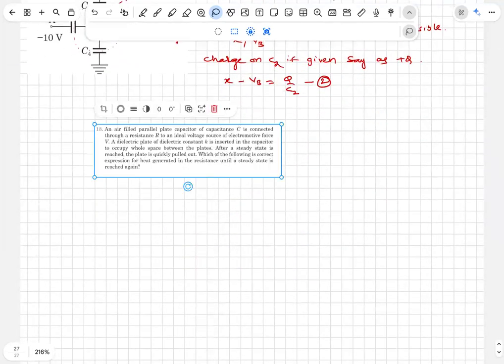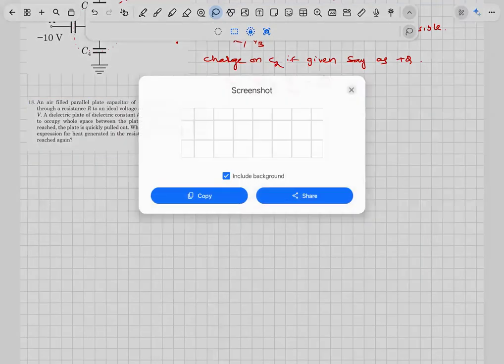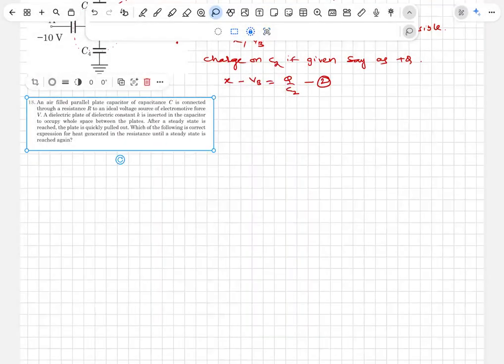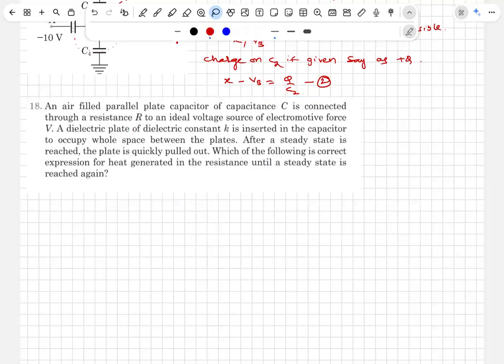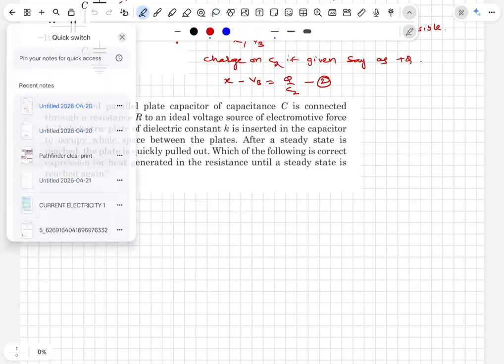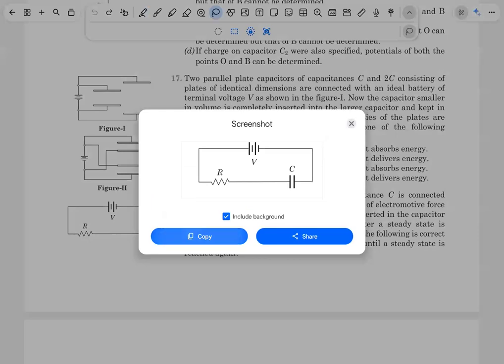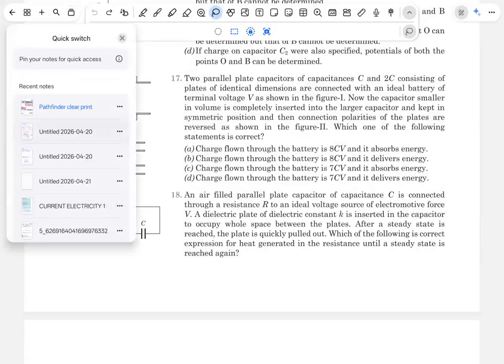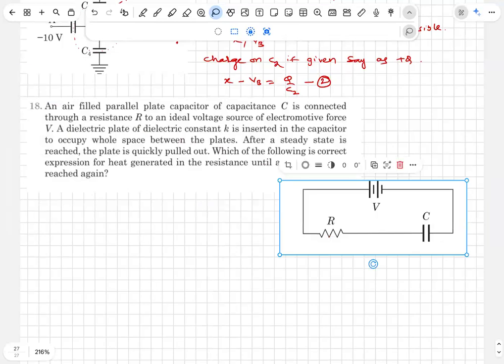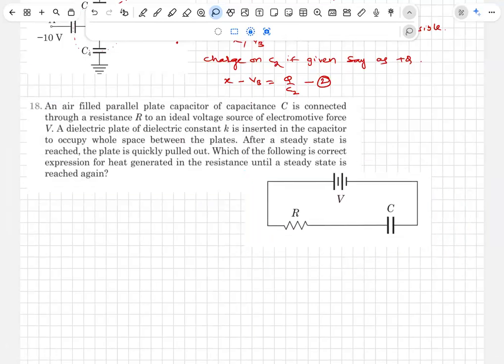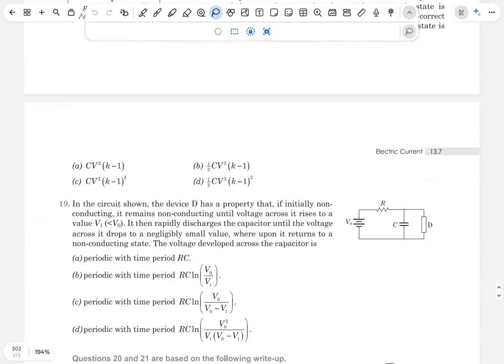The 18th question is a simple RC circuit, not at all a complicated one. Let me see what options they have given for this.